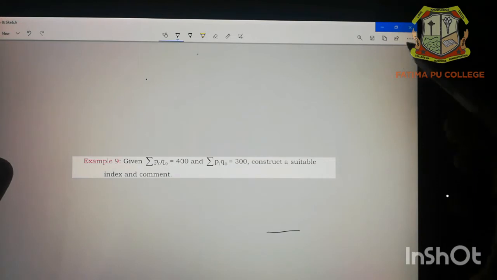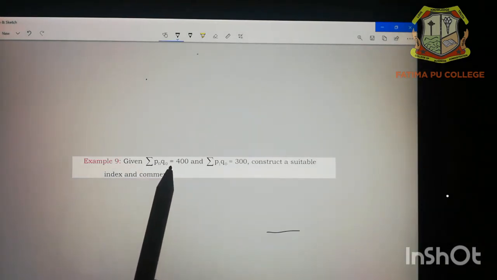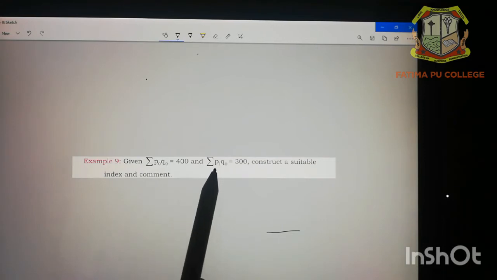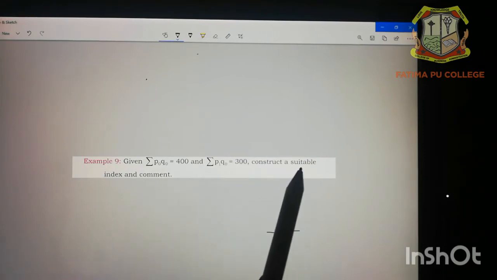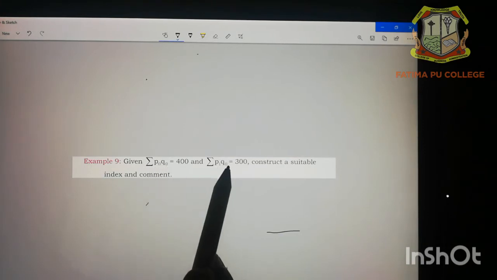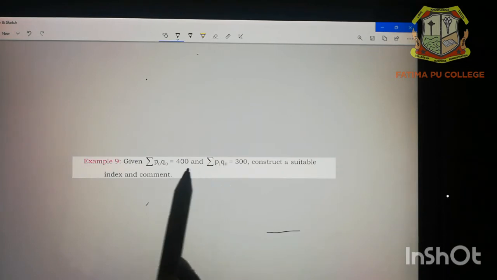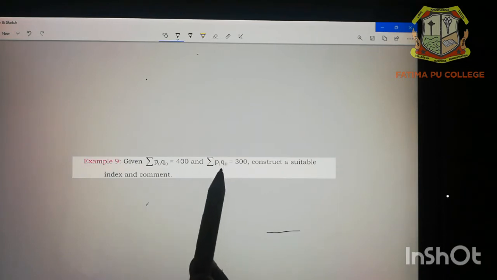Given summation P0 Q0 is equal to 400 and summation P1 Q0 is equal to 300, construct a suitable index number and comment. They have given the products P0 Q0 and P1 Q0. Here we see Q0 is common.